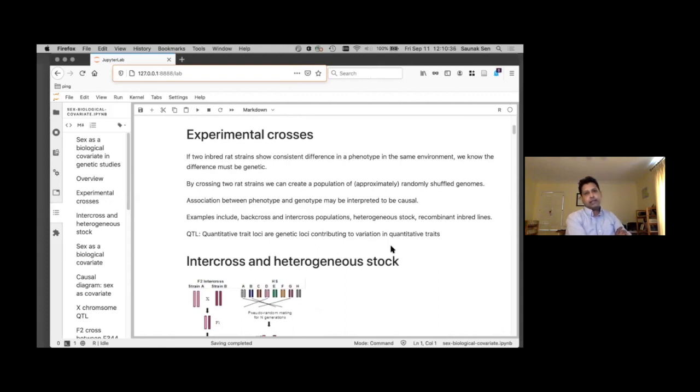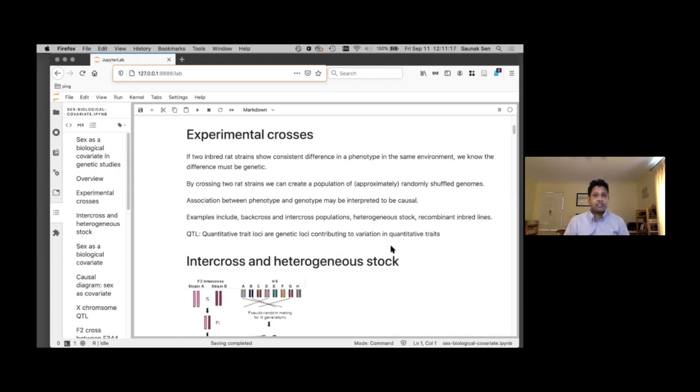The basic idea of making an experimental cross for a genetic study in animals is that if you have, say, two rat strains, two strains of an organism that show a consistent difference in a phenotype in the same environment, then you are pretty confident that the difference must be genetic, because the only difference between the two animals is the strain, or the genetics.